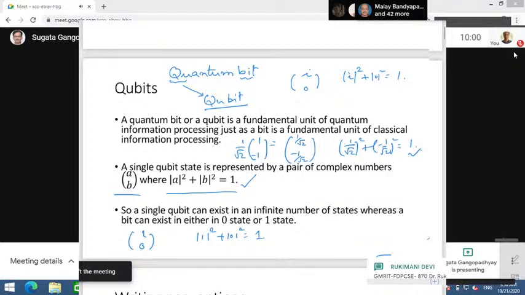And secondly, it is not possible to copy a quantum state. Now these are very strange things.